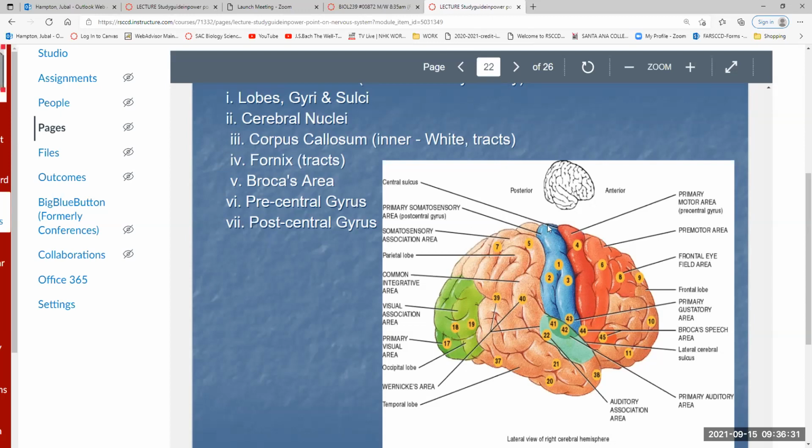Found posterior to this central sulcus is the post-central gyrus. Post-central gyrus controls sensory information. Precentral gyrus controls motor function.